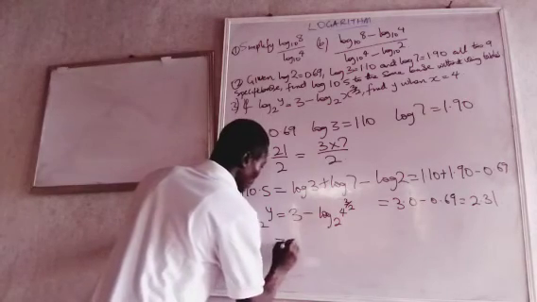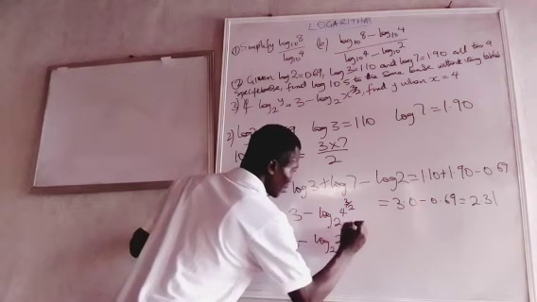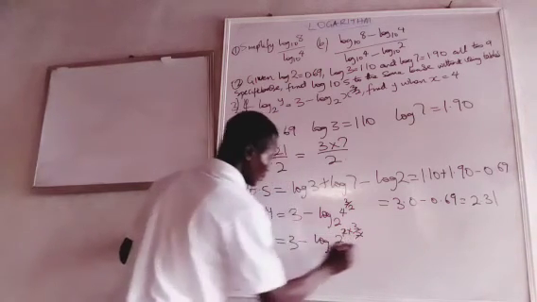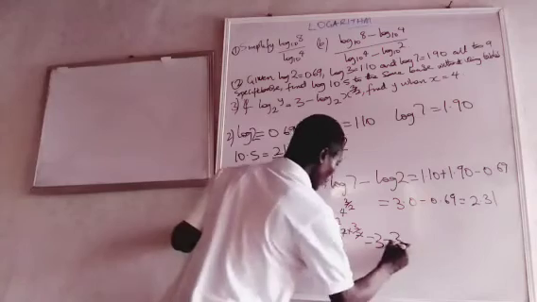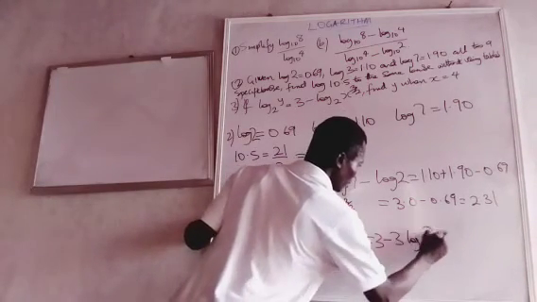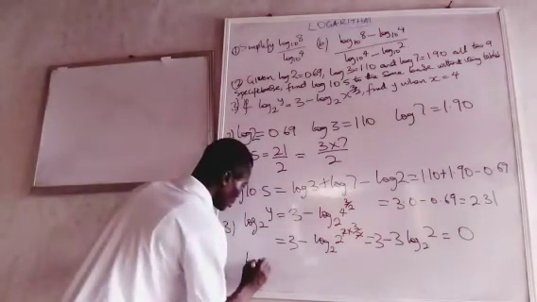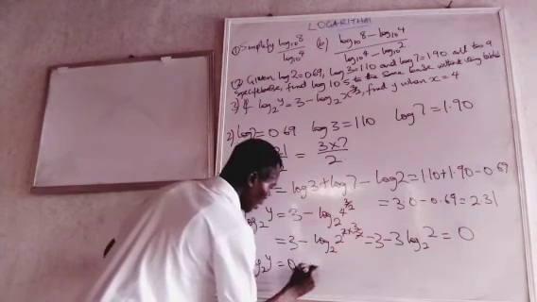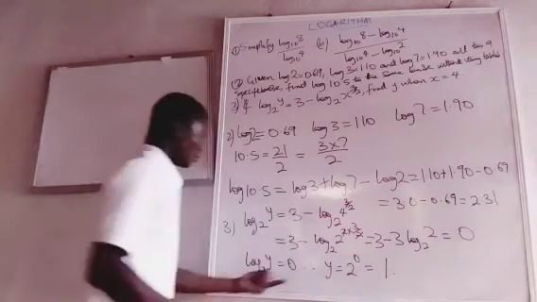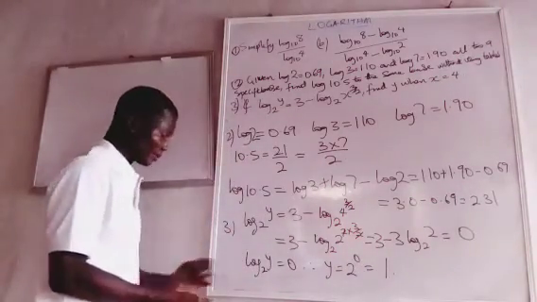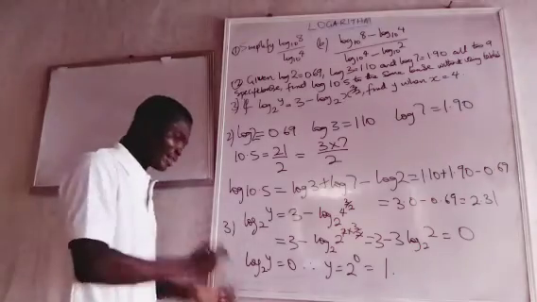So I can still write this as 3 minus log 2 of 2 squared times 3 over 2, which will be 3 minus, this 3 will come here, 3, which is 0. So log 2 y is equal to 0. Therefore y is equal to 2 raised to the power 0. And from what you have derived in the first place, you have said the logarithm of 1 to any base is 0.